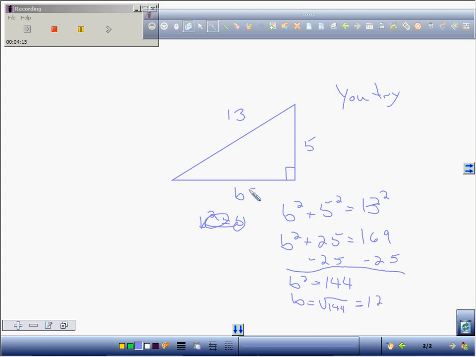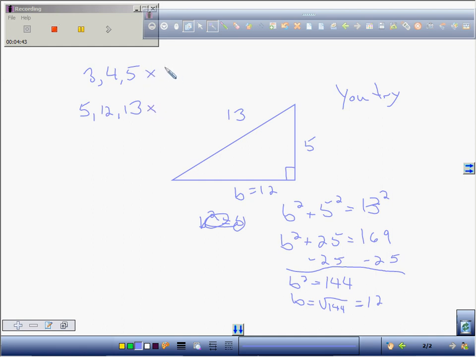Okay? So this is another example of a Pythagorean triple, right? A 5, 12, 13. After you've been teaching math for a long time, you get to recognize, oh, this is a triple. And there aren't that many of them, but anything that is a multiple of a triple will also be a triple.